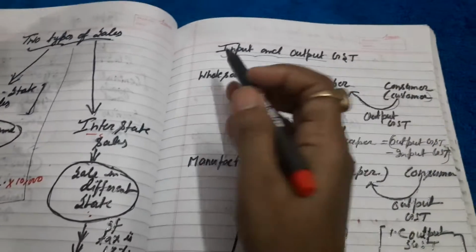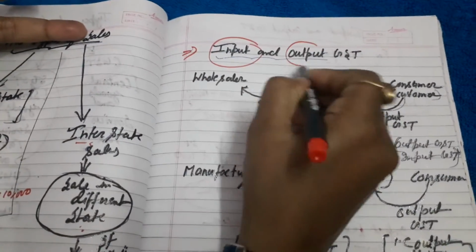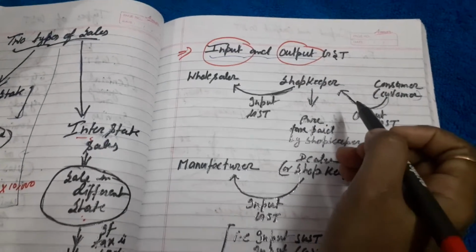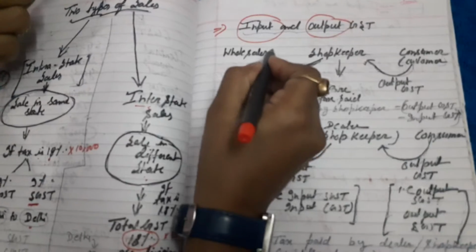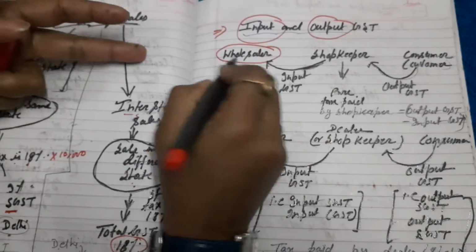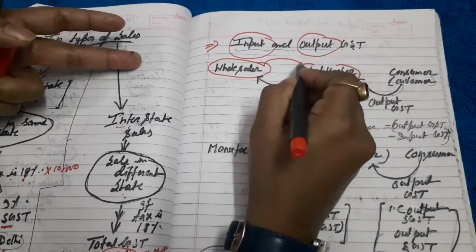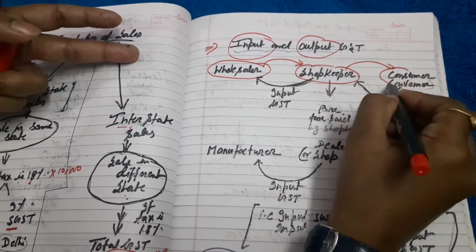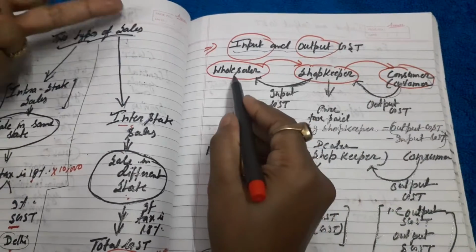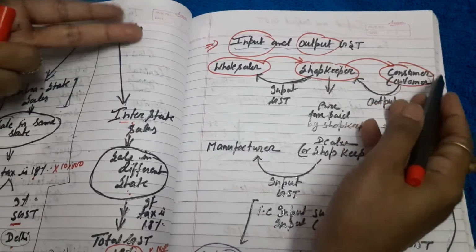Now we will learn about these terms also: input and output GST. What are these? See, you just think a wholesaler is there, he sells his item to a shopkeeper, and then the shopkeeper on some profit sells it to the consumer. So the wholesaler also takes some profit from the shopkeeper, the shopkeeper will take profit from the consumer.